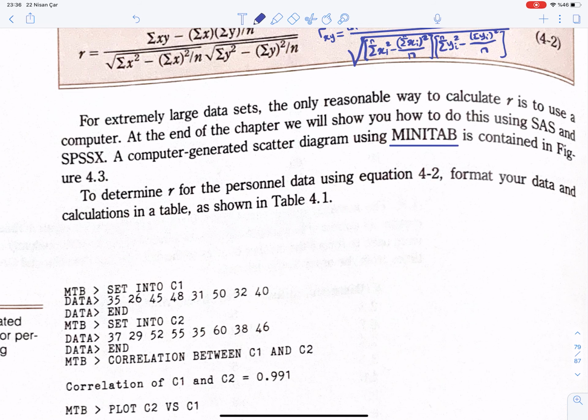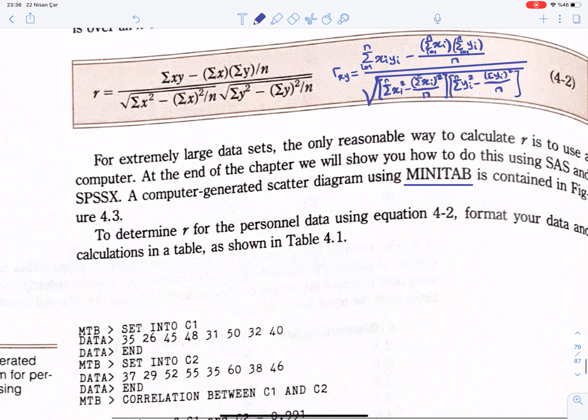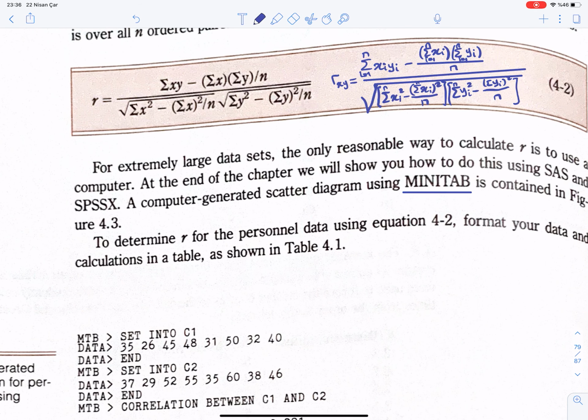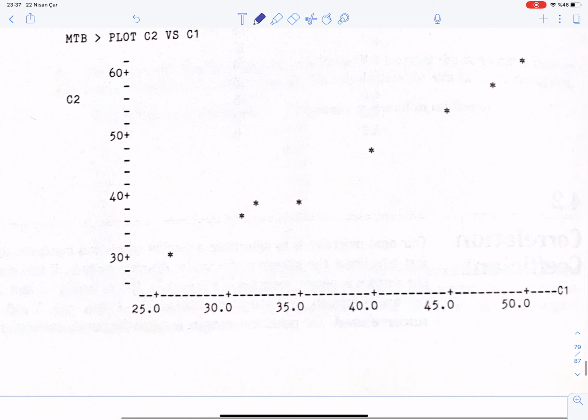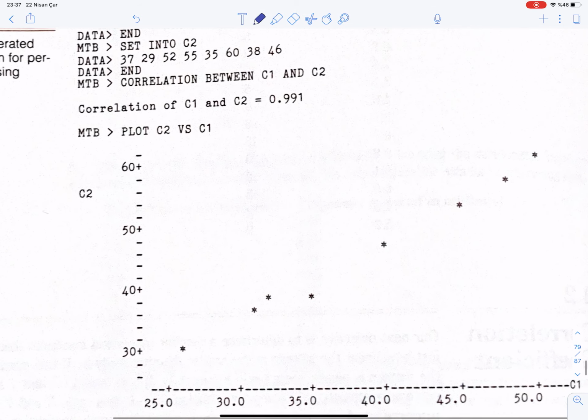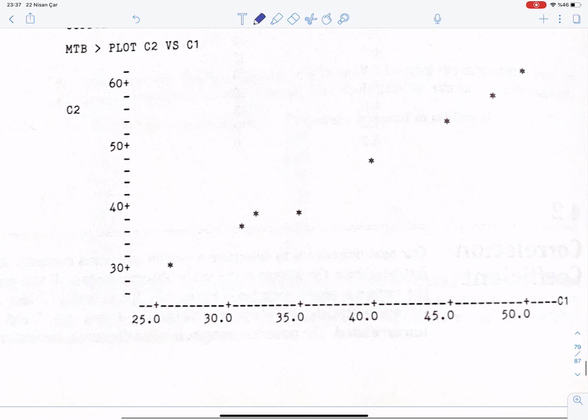Even Microsoft Excel can handle the calculation of Pearson correlation. The most famous other one is SPSS, Statistical Package for Social Sciences, and the authors are pure statisticians, so Minitab is not a statistic package for social sciences.